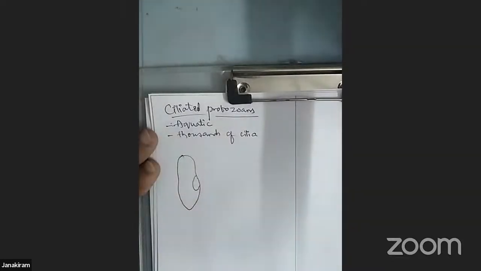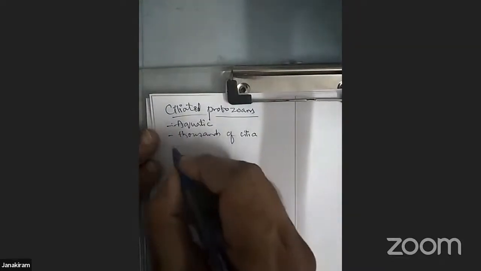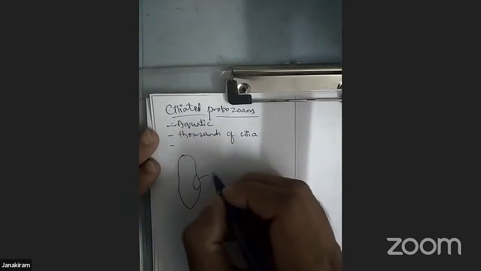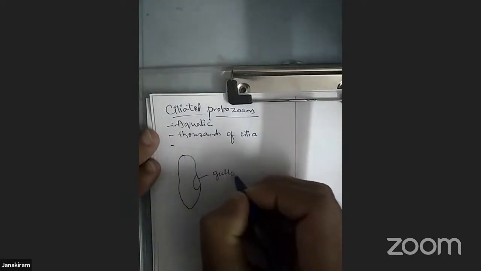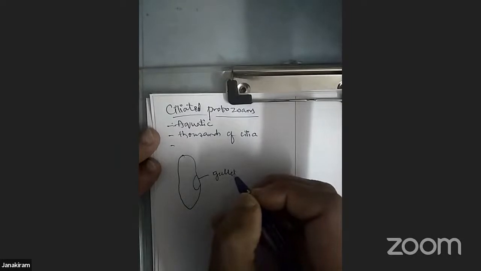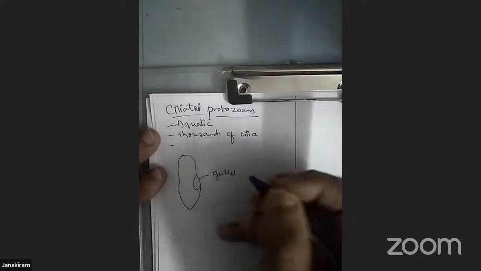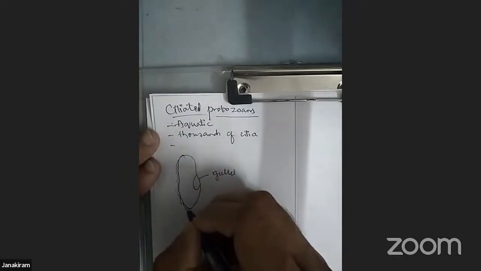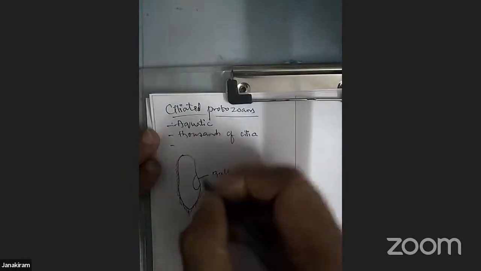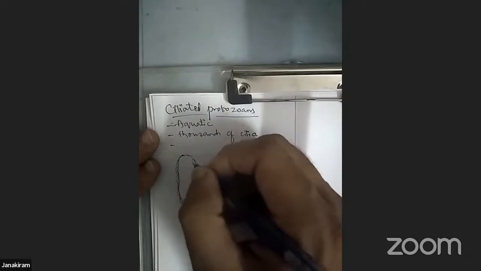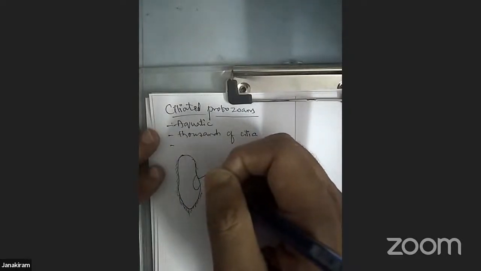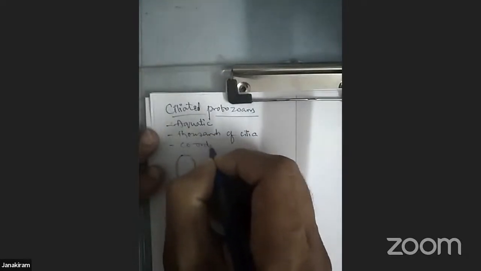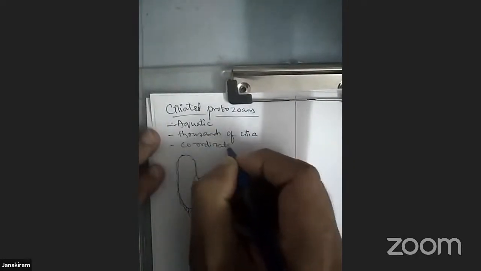So this is the structure of Paramecium, right? In this, they have a cavity called the gullet that opens to the outside of the cell surface. And here, the entire body of this Paramecium is surrounded by cilia, right? And these thousands of cilia present on the surface show coordinated movement.